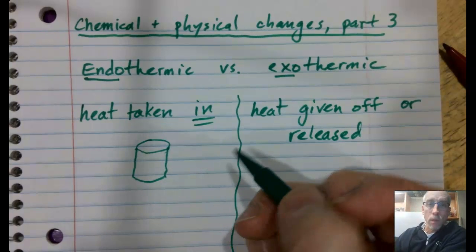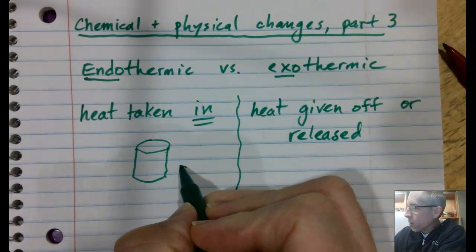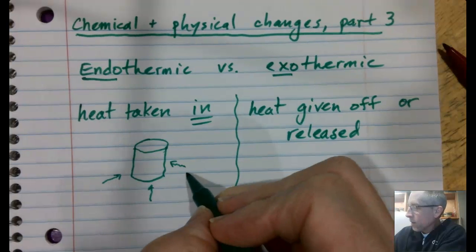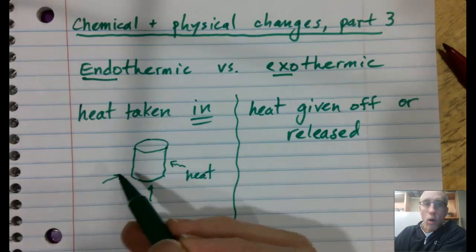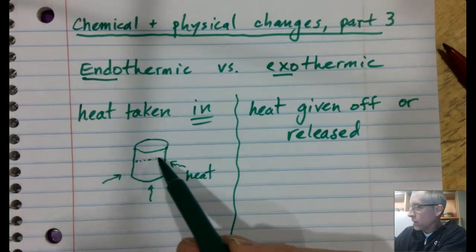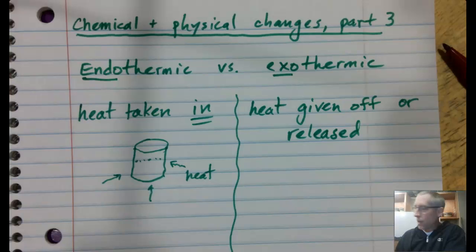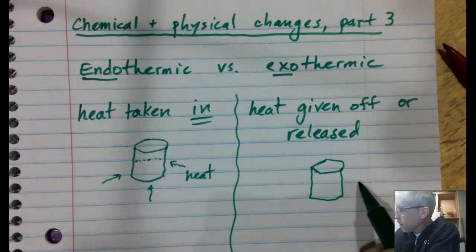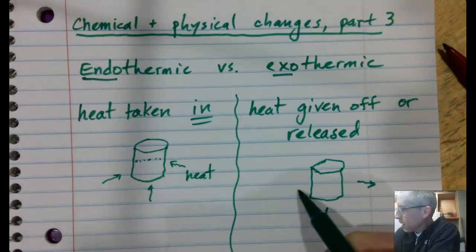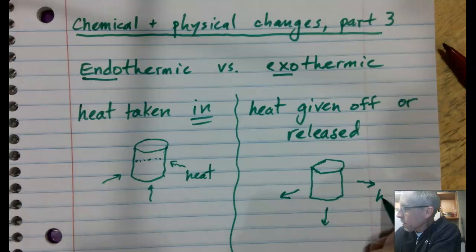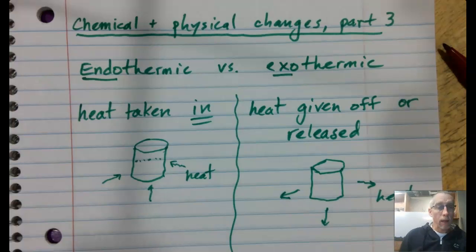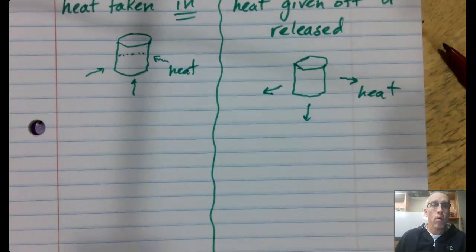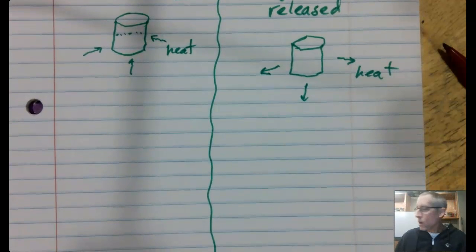And if this particular reaction is one that requires heat to come from somewhere and go into the container for these things to be able to react, then it's endo. But if, on the other hand, the container releases the heat, then we would call it exothermic. Okay, so there's just a little picture format of the difference.